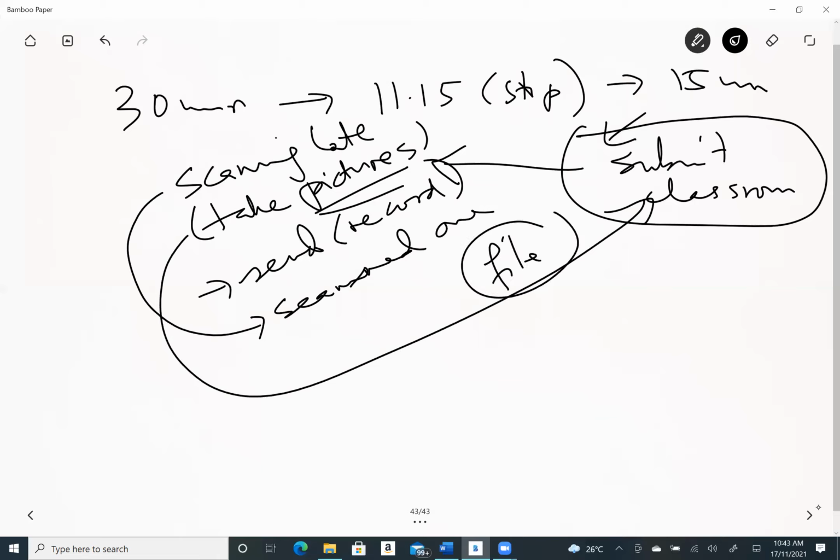Or if you still do not have the time, you WhatsApp first. Send the picture by WhatsApp so that I have a record that you submitted, and then exactly the same thing you submit later to classroom. All right. So that is the submission.